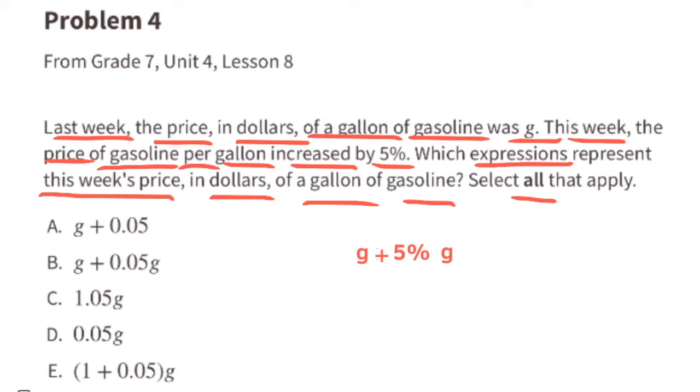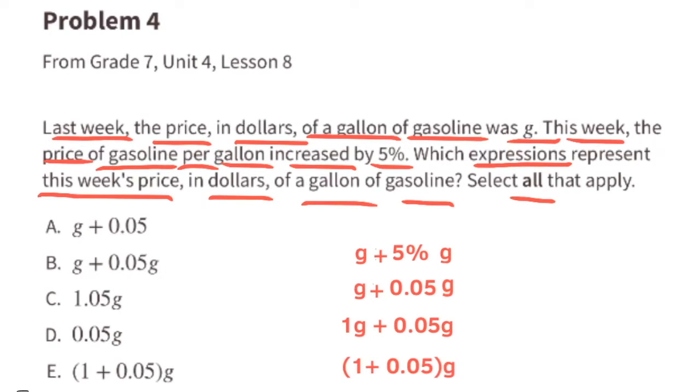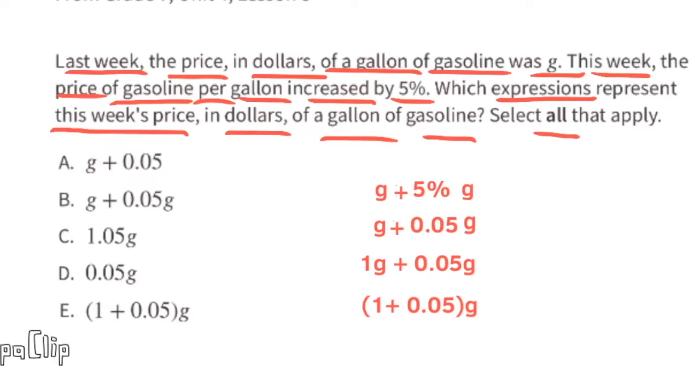This week, the price of gasoline is G plus 5% of G. We can rewrite that as G plus 0.05 G. G can also be represented as 1G, so we can rewrite this as 1G plus 0.05 G, or 1 plus 0.05 in parentheses, all times G. 1 plus 0.05 times G is 1.05 G. All of these expressions that are written on the right-hand side represent the price of a gallon of gasoline this week.